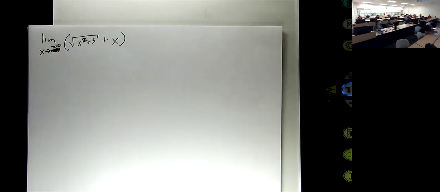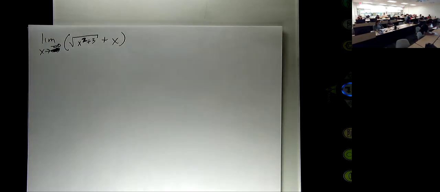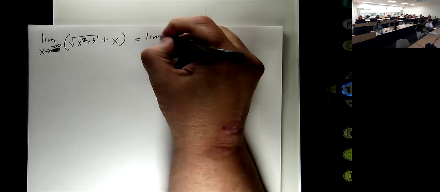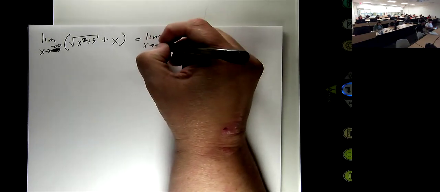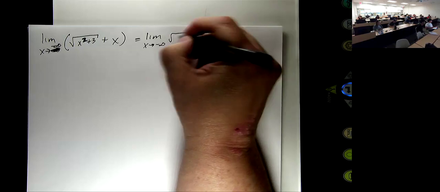I want to go to negative infinity. This is a stupid problem if it's positive infinity. It's really easy if it's positive infinity. We can separate this, and it's handy to separate this so you see a little bit better what's going on.